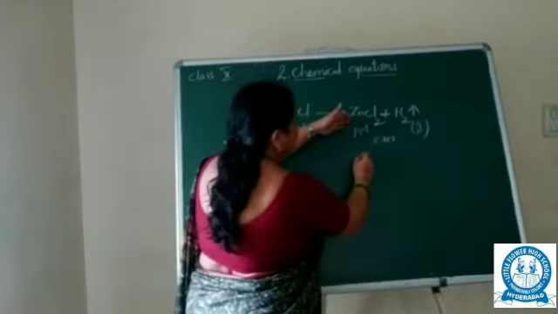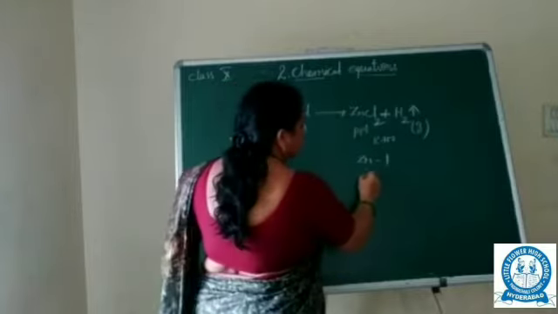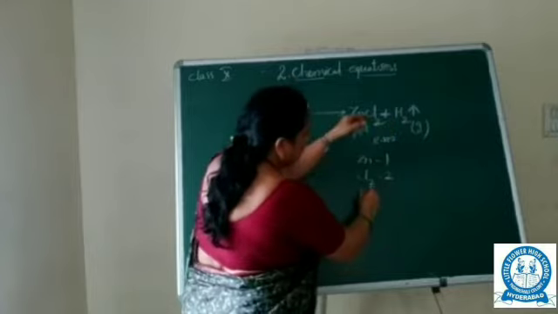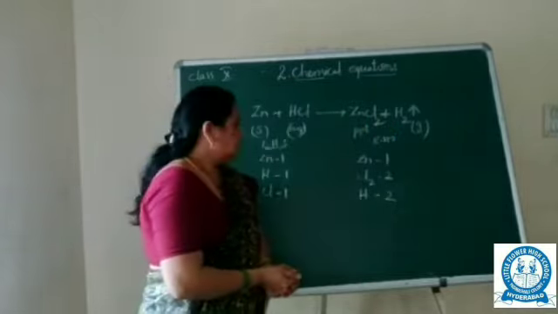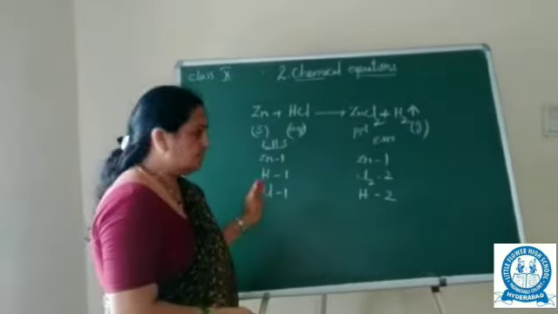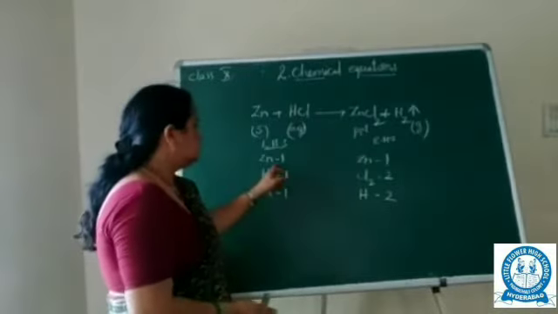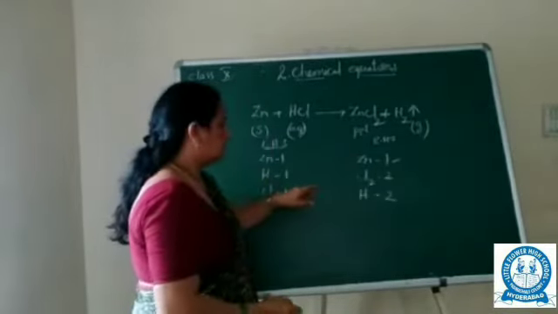How many are there? Zinc, 1. Chlorine, how many are there here? As per this, 2. Hydrogen, how many are there here? 2. So, you are getting a variation in the masses of reactants and products. Here, zinc 1. Okay. Next, hydrogen 1.